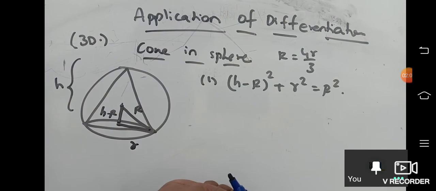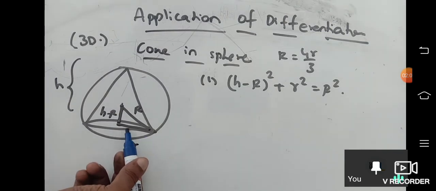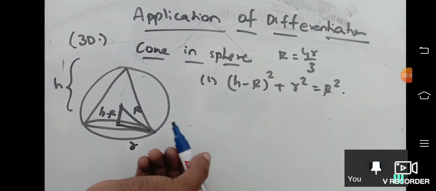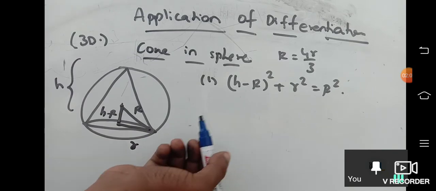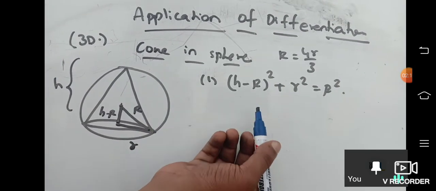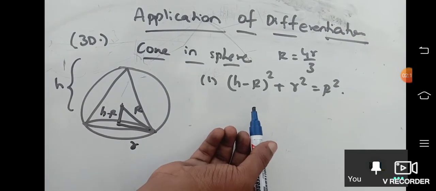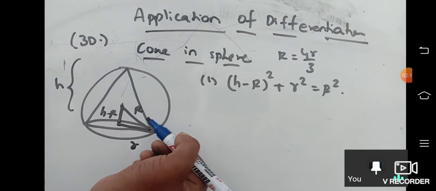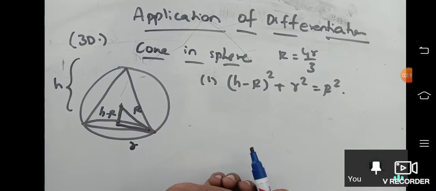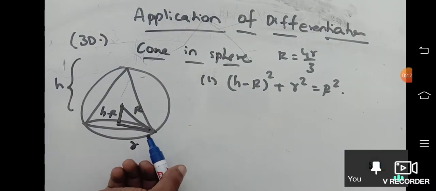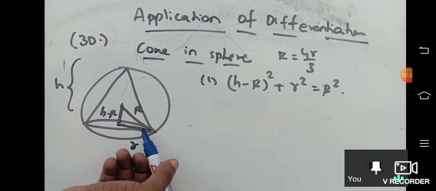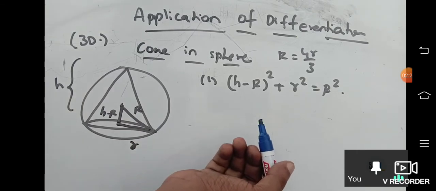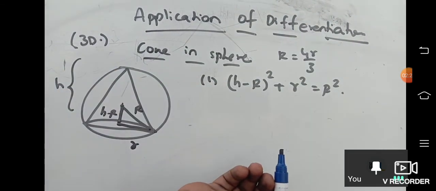Remembering the idea is easy because in the exam anyway you have to draw the diagram, and writing this by seeing the diagram is a very easy step, no? So don't remember these things. Remember ideas, because if you remember these things and forget the ideas, nobody can help you in the exam. If you remember ideas, you are independent. You can create this in the exam. That's what I am telling.